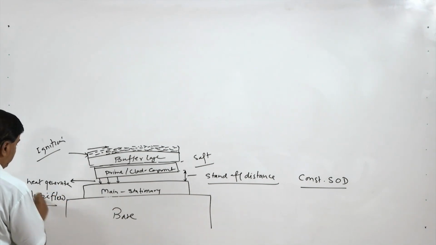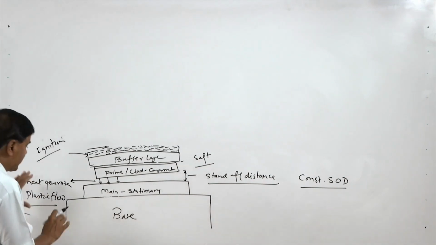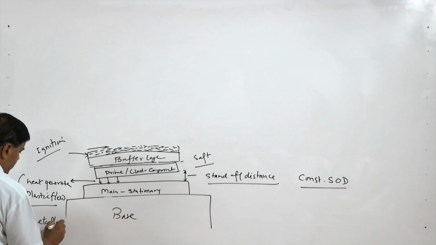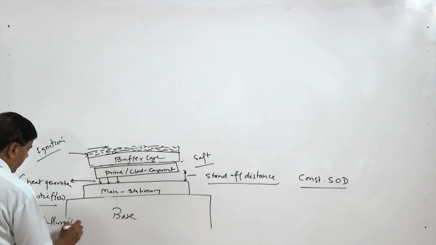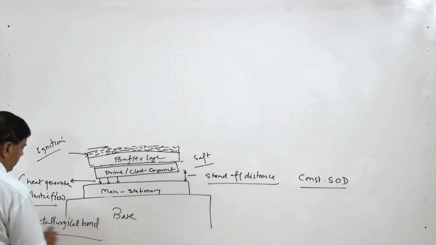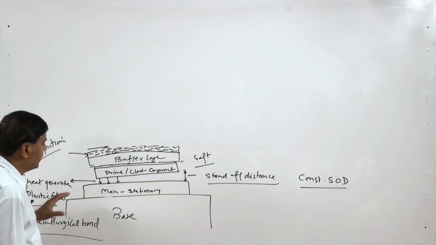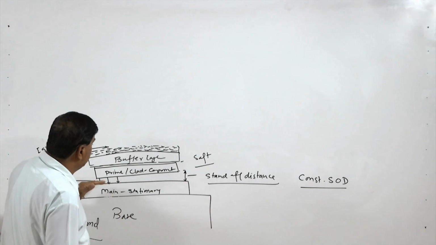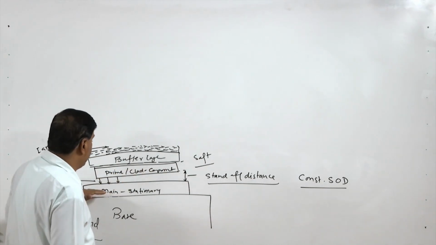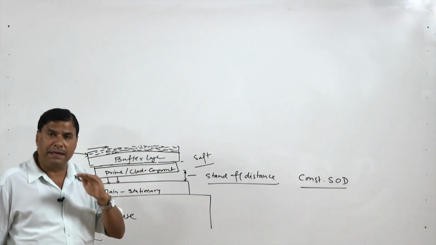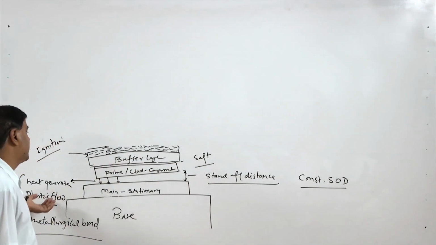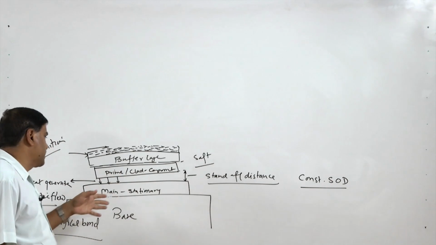These two conditions facilitate the development of the metallurgical bond between the members being joined. What is important? Before explosion, the prime component and the main component must be cleaned and made free from all impurities, so that there are no oxides, traces, etc.